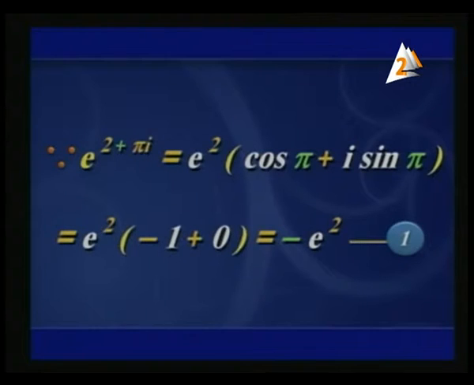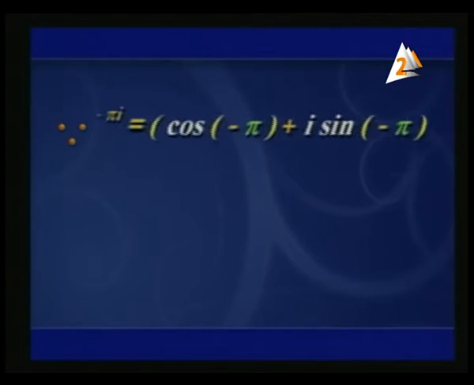Since e power 2 plus pi i equals e squared times e power pi i, and e power pi i equals cosine pi plus i sine pi, and this is the trigonometric form instead of the exponential form, equals e squared times negative 1 plus 0 equals negative e squared, and this is equation number 1.